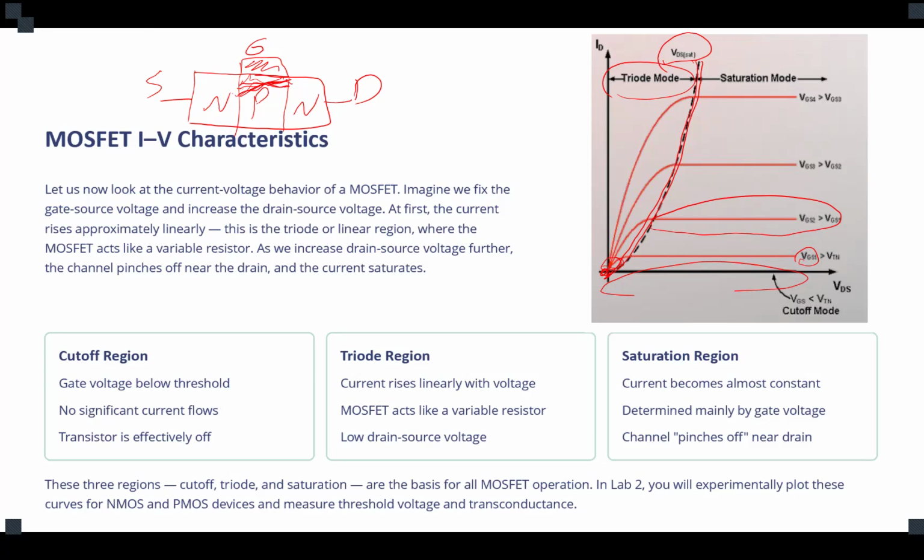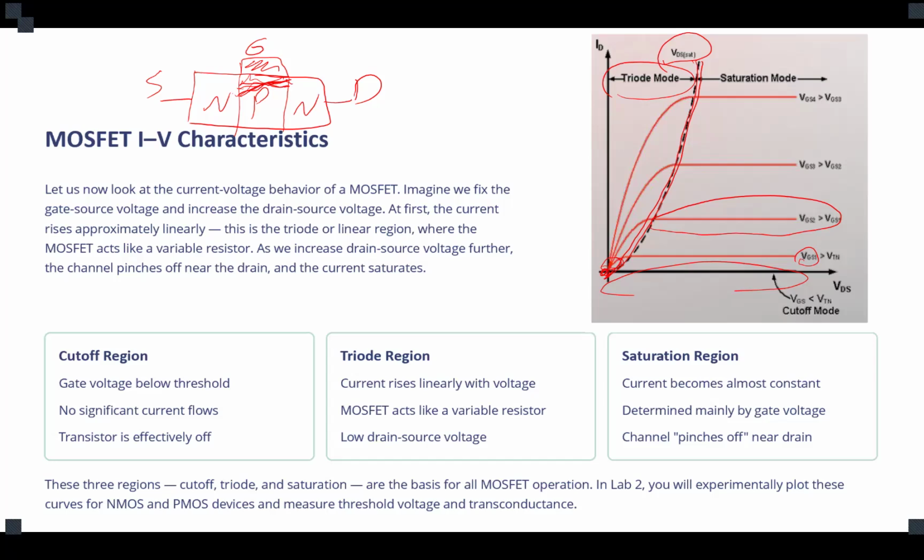As you increase the gate-source voltage, the capacity of conducting current through drain and source increases. So you would have a higher amount of current conducting between drain and source. Is that clear?